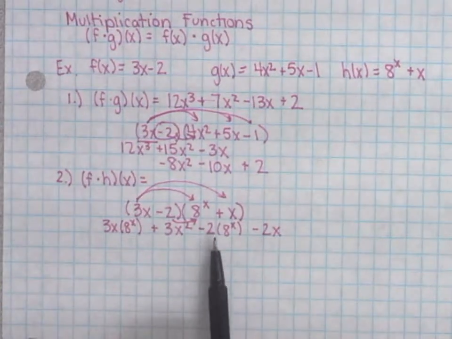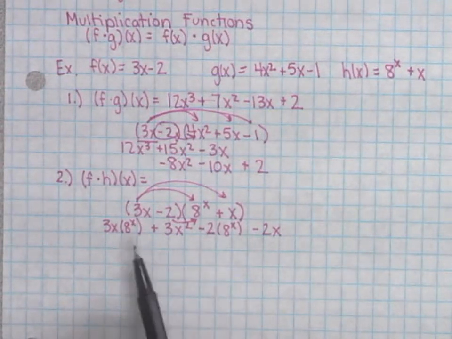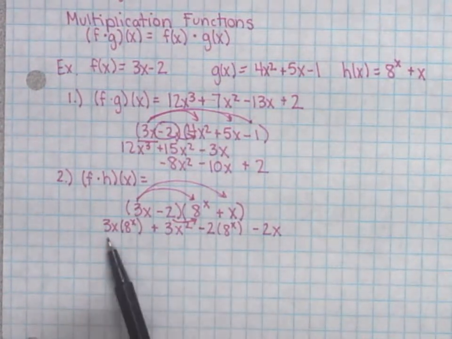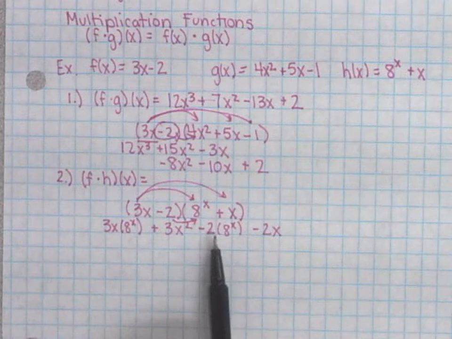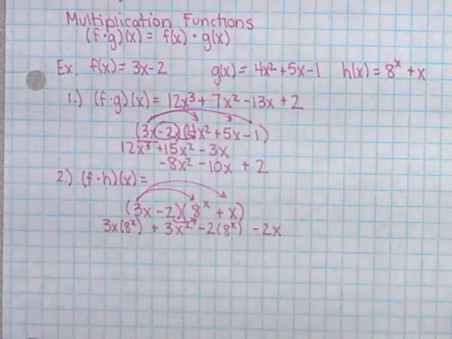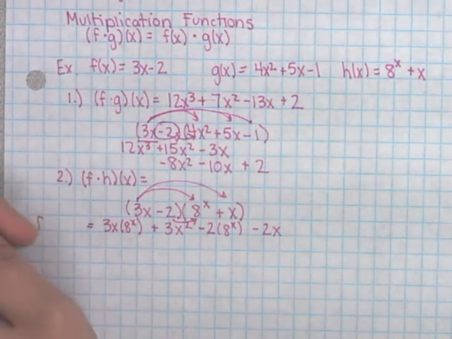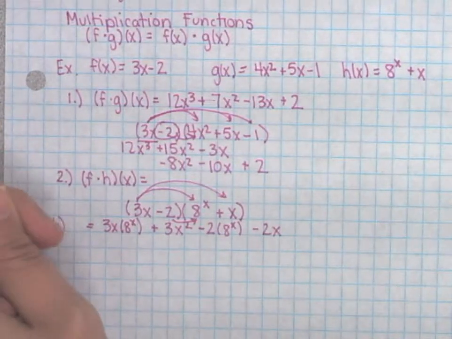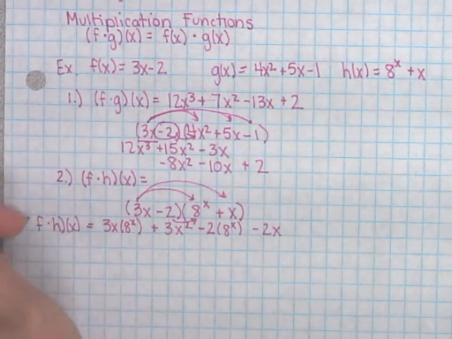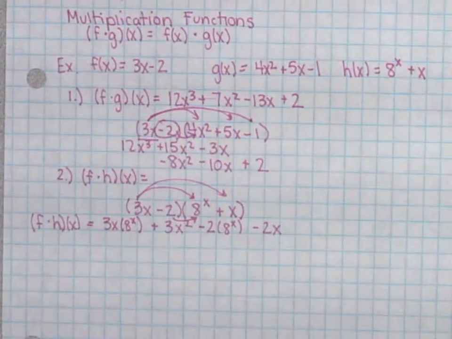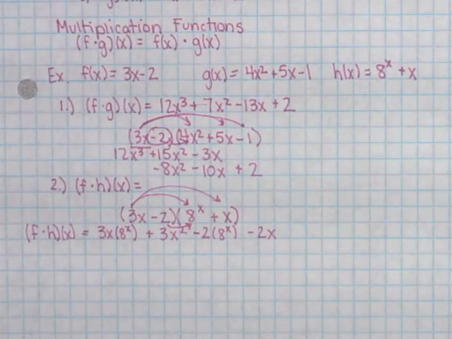Because if this 2 would have had an x on it, we could have combined these two things. But since this 2 does not have an x, thank you, Captain Obvious. Literally, this is your answer. Does that make sense? Okay.